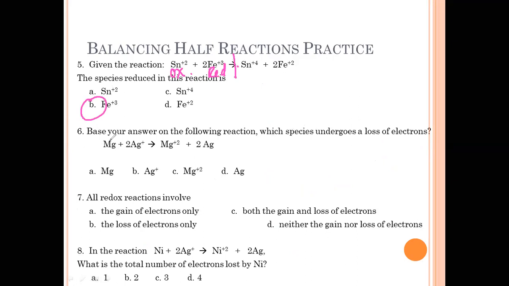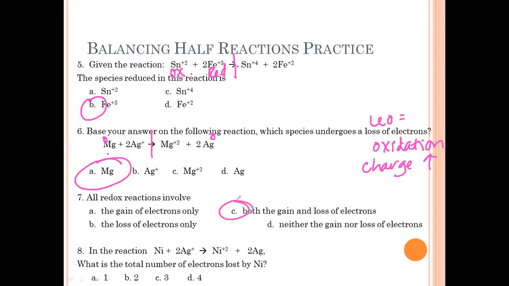Okay, number 6, which species undergoes a loss of electrons? Leo is oxidation. And remember, in oxidation, the charge goes up. So looking left to right, whose charge goes up? Magnesium goes from 0 to +2. All right, number 7, all redox reactions involve both the gain and loss of electrons.